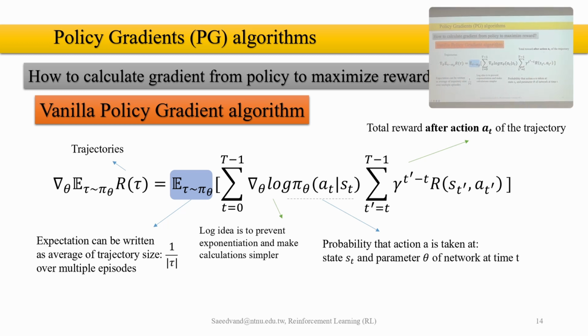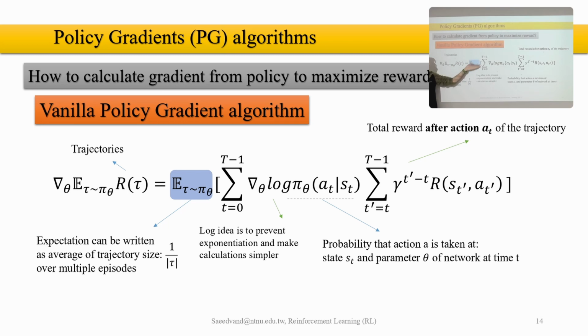The return that we had there is replaced by this term here. Let me start from the beginning. We want to calculate the gradient of the expected return over the trajectory. This tau is the trajectory generated by policy pi, again one network, and this is the rewards of the trajectory.